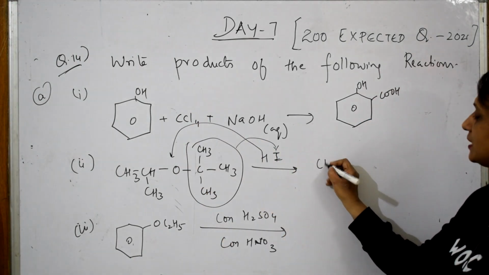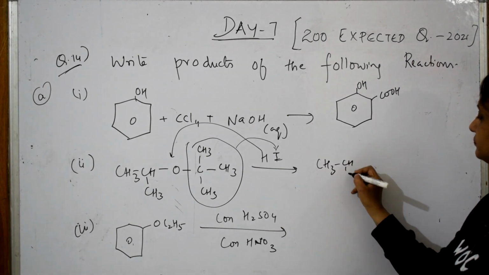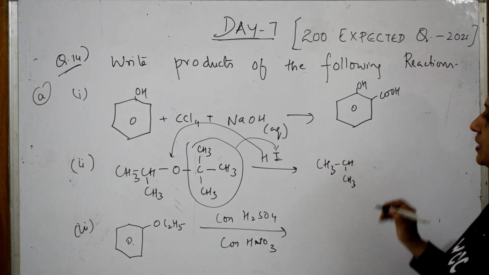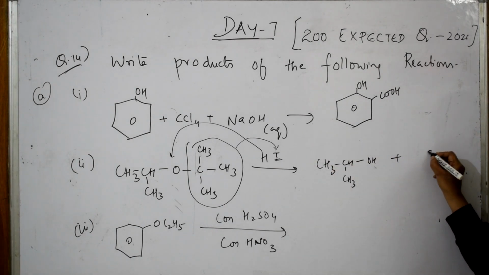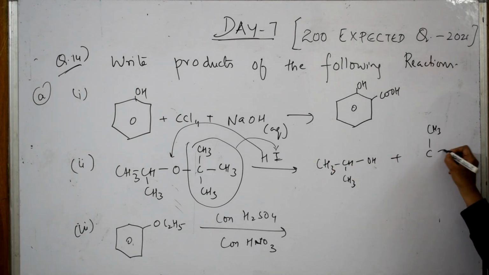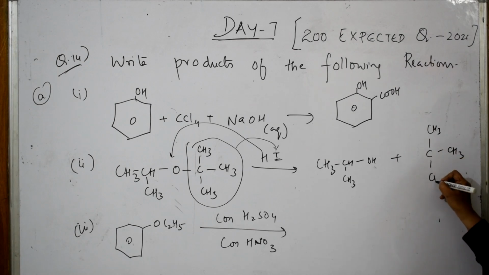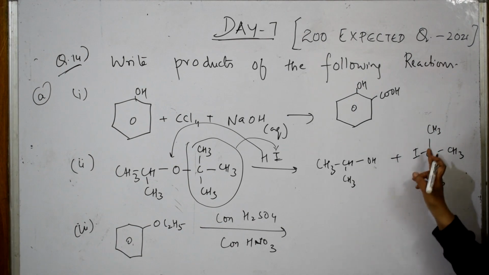So what product do I get? CH3OH, and the leftover is your tertiary alkyl iodide. That's all. Remember, students, alcohol and iodide.